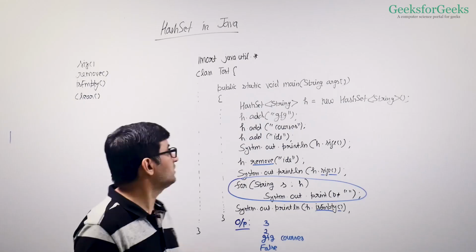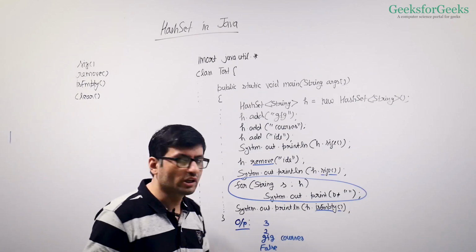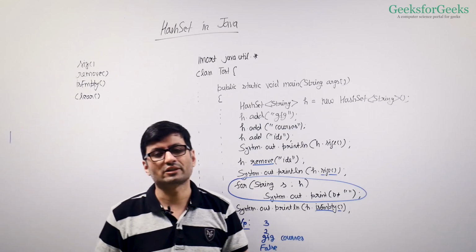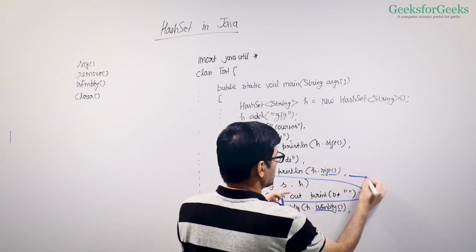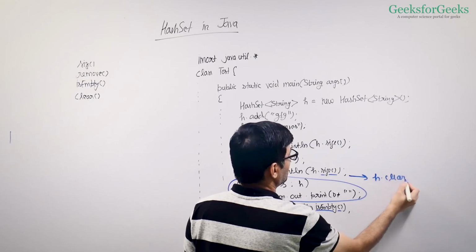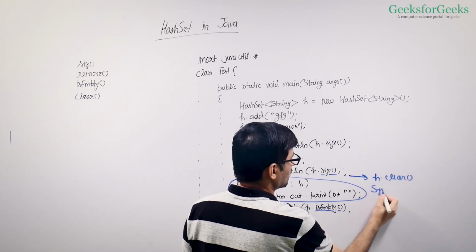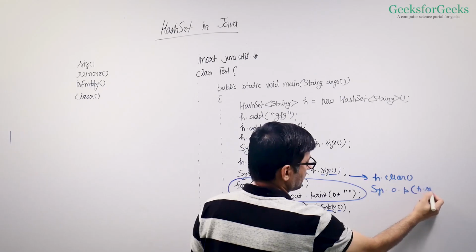There is one more function, clear. The clear function is used to clear the content of the hash set. So if I call h.clear here, for example, after printing this size, and then print h.size, what will I get?